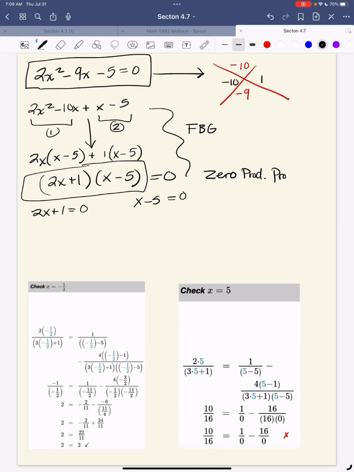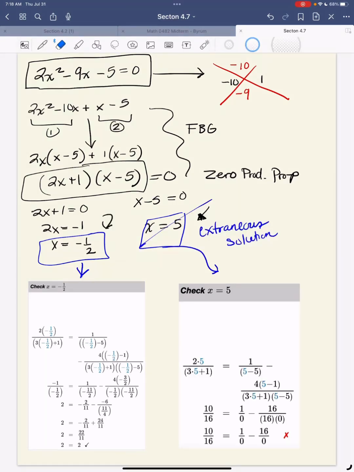And what we'll get is that 2x equals negative 1, so x is equal to negative 1/2. We'll also get that x equals 5. So these are our solutions. But we know we've got to come in and check.